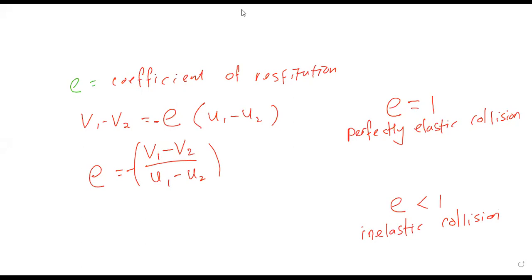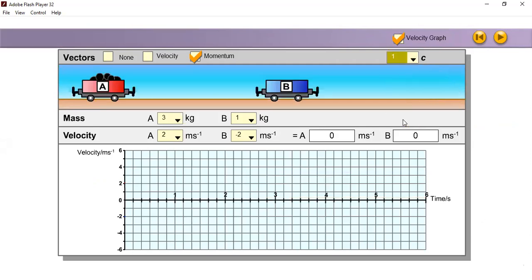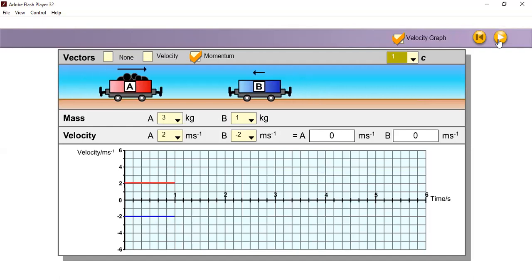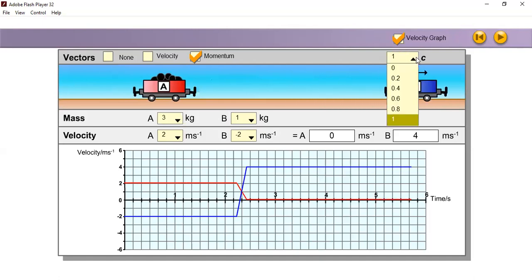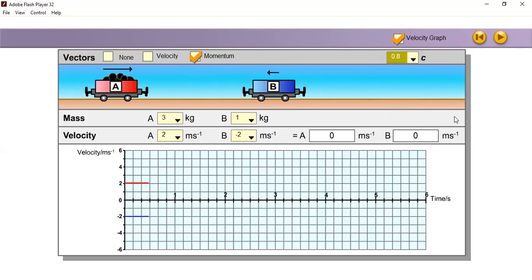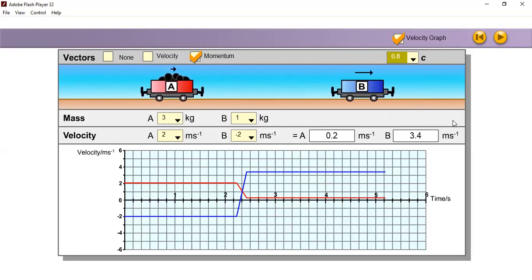Just now, if it's 0.8, that means not equal to 0, right? If the coefficient is equal to 1, it will be elastic. So 0.8 is less than 1.